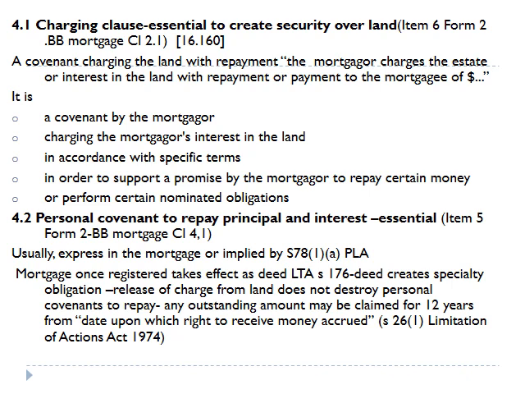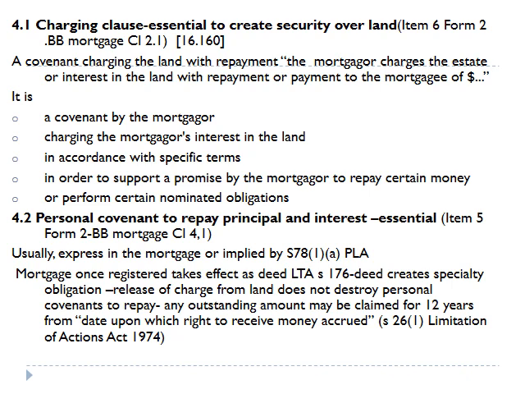Secondly, there has to be a personal covenant to repay the principal and interest. This again is essential to create a mortgage. If there's no covenant to repay the principal and interest, it's not a question of it being repaid within a reasonable time. It may well be that it's not repayable.